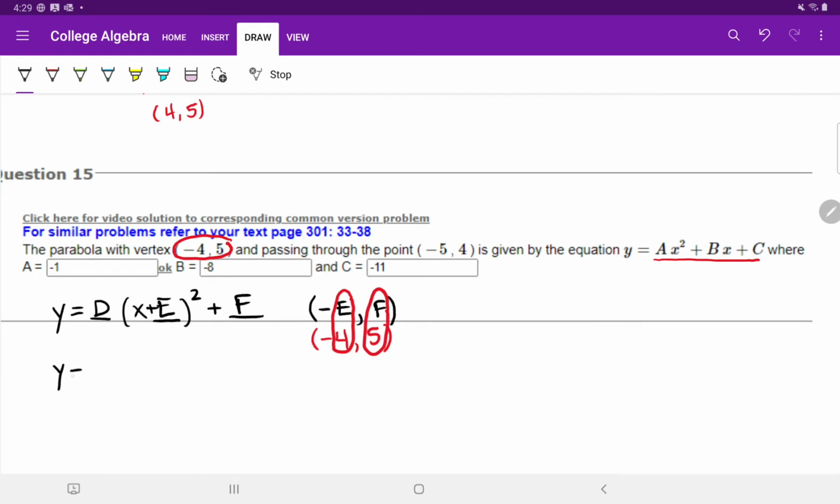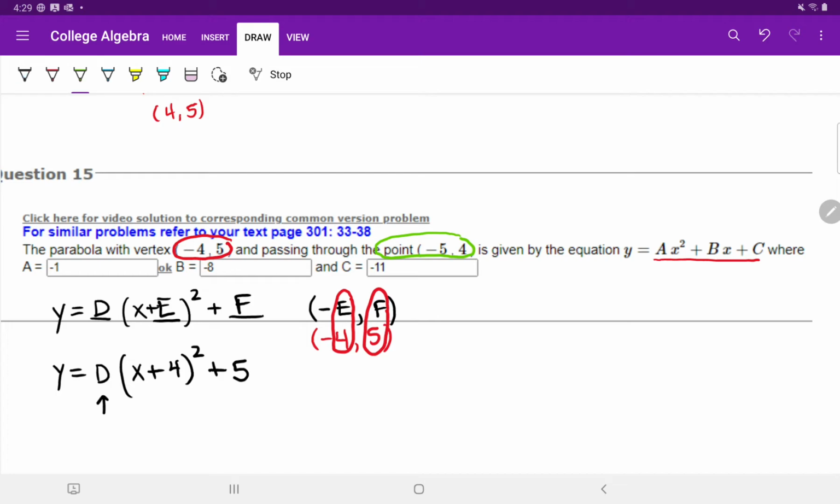So I can go ahead and take my standard form and write in (x plus 4) squared and plus 5 at the end, just from the e and the f that they basically handed to us by giving us the vertex. The only thing left is now I have to figure out what d is. Well, in order to do that, I'm going to have to use the other piece of information they gave us in the problem. Our equation contains the point (negative 5, 4).